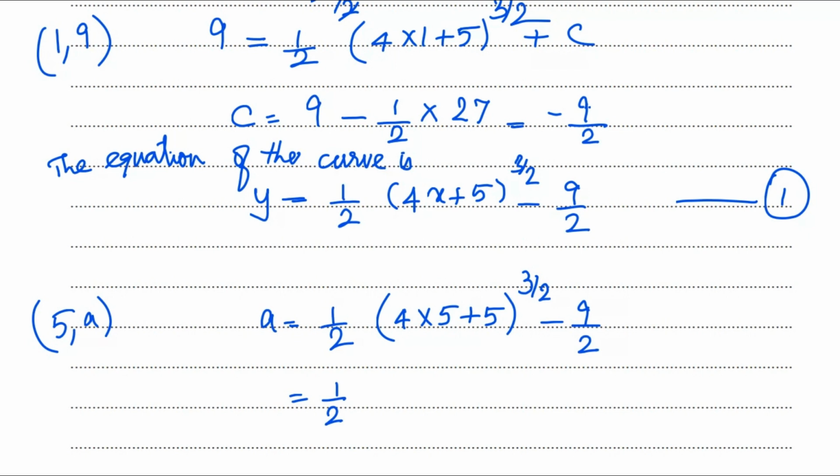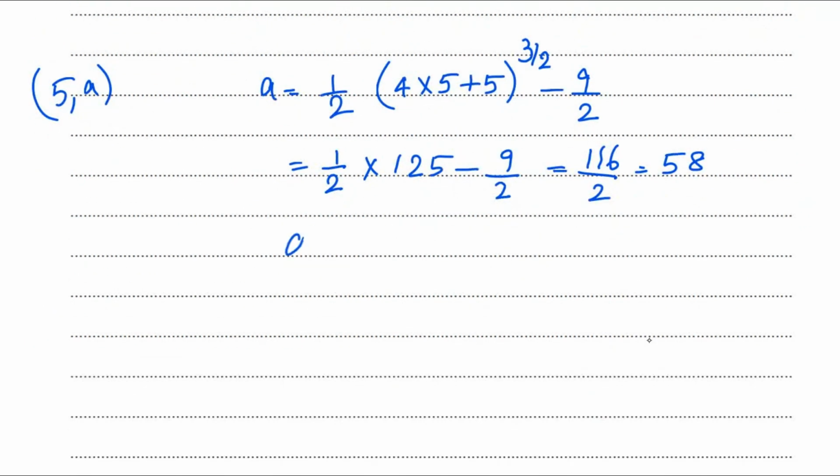So we get 25 power 3 over 2, which is 5 cube, 125, minus 9 over 2, which is 116 divided by 2, 58. So a value is 58.